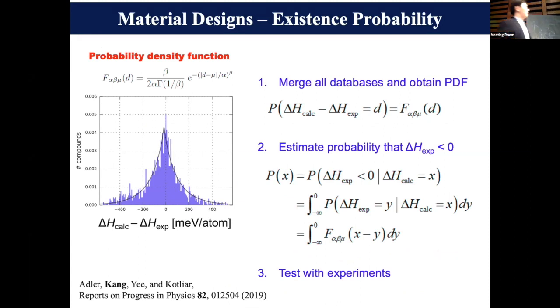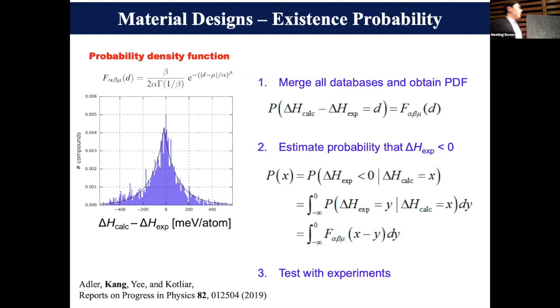First, we merge our existing database and estimate the computational error. And we realized that the computational error follows a probability density function of this form. By using regression analysis, we obtain the parameters alpha, beta, mu in this formula, and then we obtain the analytical form of the probability density function.